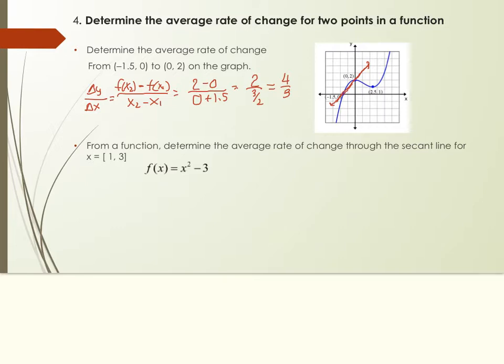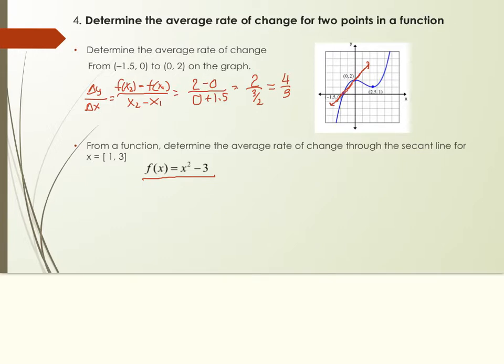So now we want to move a little further here. Suppose I'm given a function and I want to find the average rate of change through a secant line for a particular point. So the next problem does exactly that. We have a function, f of x is equal to x squared minus 3, and we've learned already so far that that's a parabola. And furthermore, there's a secant line that goes through the interval x equals 1 and x equals 3. So we don't need to know the y points here.